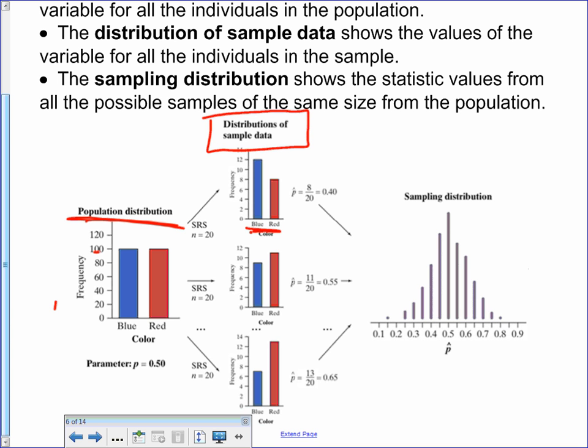This is what the actual sample looks like. And then we're going to take each one of these p hat values and we're going to plot them. And if we do that many, many times, that gives us the sampling distribution. We'll play with this a lot in class.